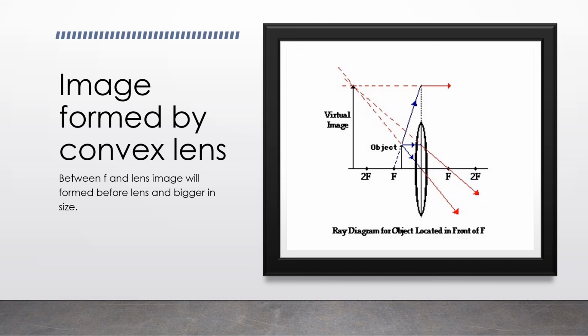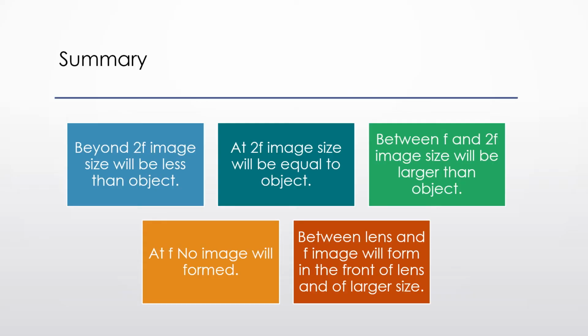On the right we have a real image, but on the left we always have a virtual image. So if we place our object between the lens and f, our image will be a virtual image, formed before the lens and much bigger in size. These are the basic points where we have checked how things work.